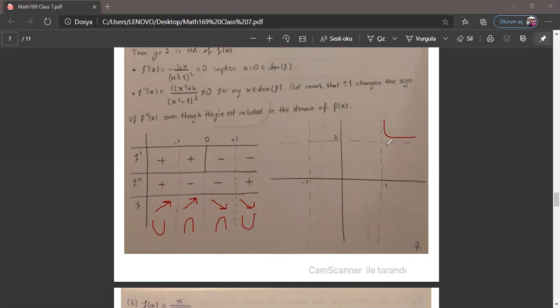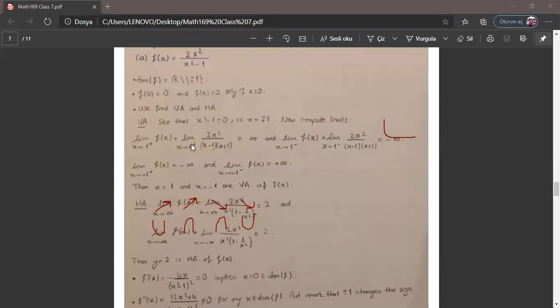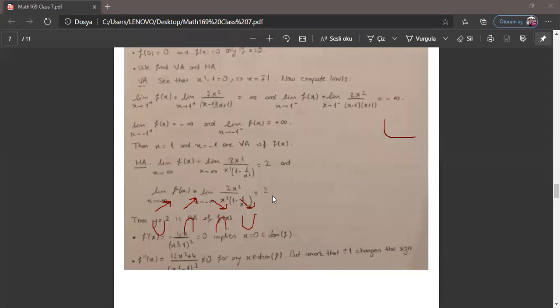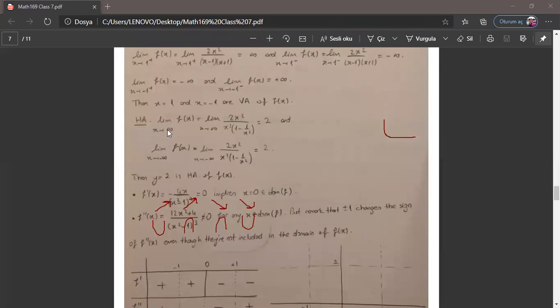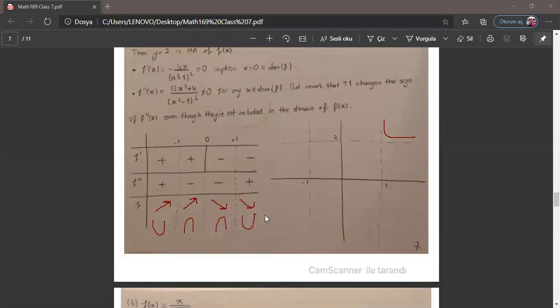When x is approaching infinity, the graph will be approaching 2, so it is the horizontal asymptote. And when we're approaching 1 from right, it will be plus infinity. As we did here, we have plus 1, so we get plus infinity. And when x is approaching infinity, we get 2. And it is upward, and it is increasing. Sorry, it is decreasing.